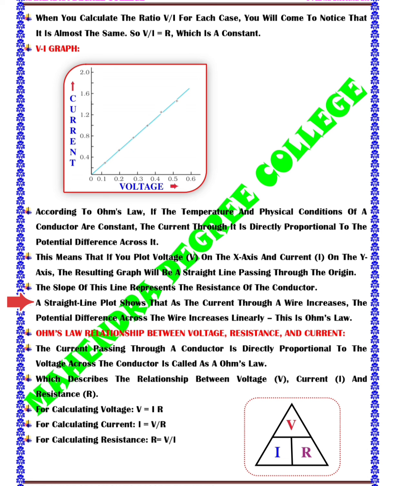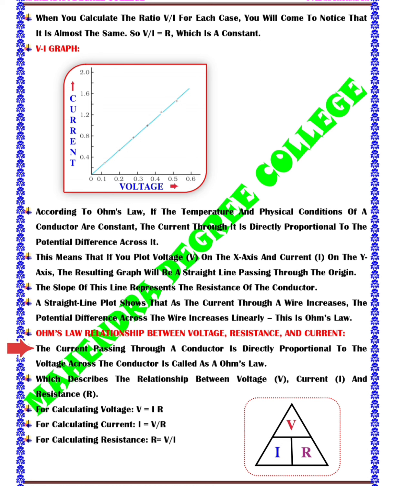The resistance of a conductor depends directly on its length, inversely on its area of cross-section, and also on the material of the conductor. Next, we discuss Ohm's law and the relationship between voltage, resistance, and current. The current passing through a conductor is directly proportional to the voltage across the conductor; this is called Ohm's law.